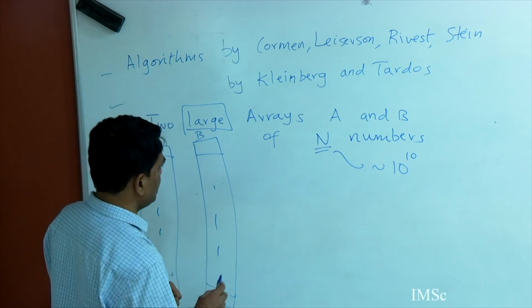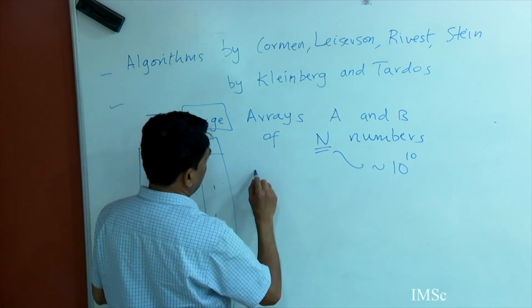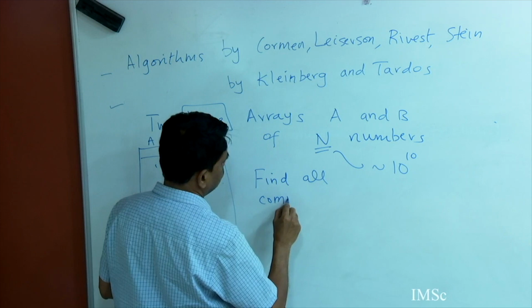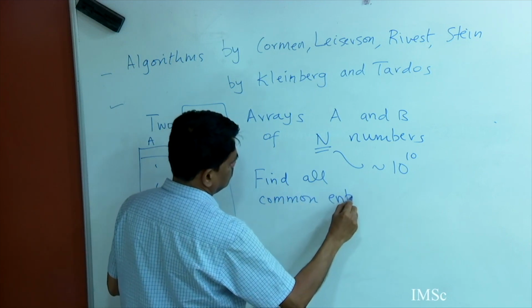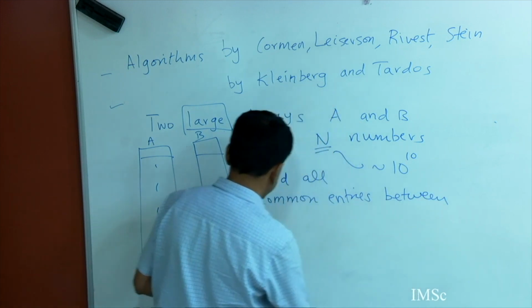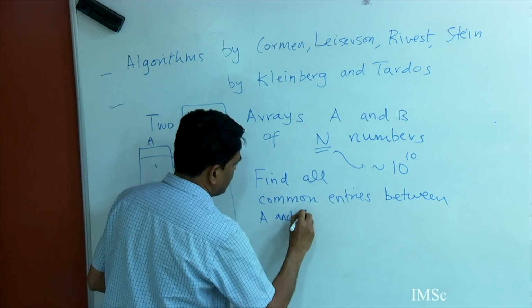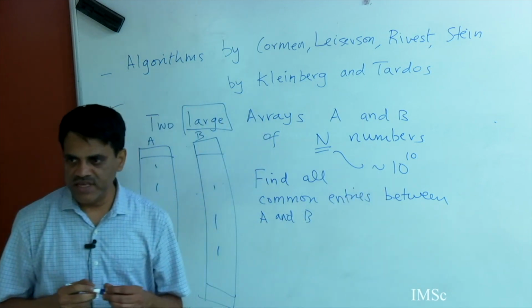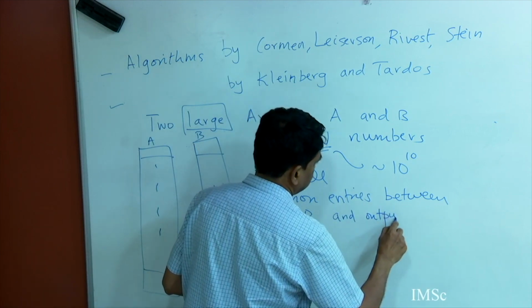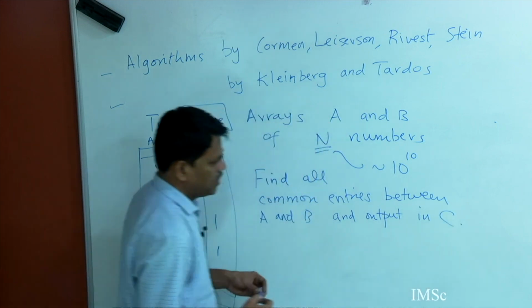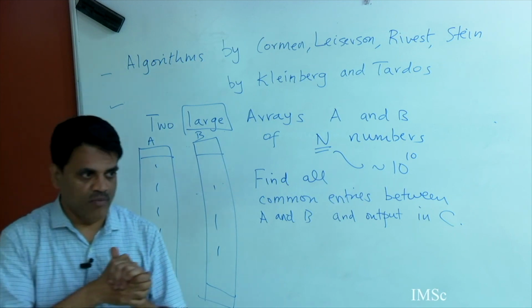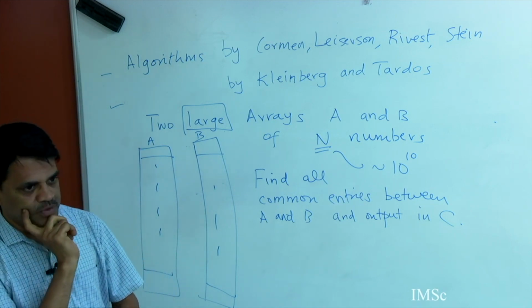Now, the problem I want to solve is find all common entries between A and B. So maybe create another array C. I want to create another large array C, maybe large, maybe small, I don't know how many are common, but I want to create an array C where I put all the common entries.